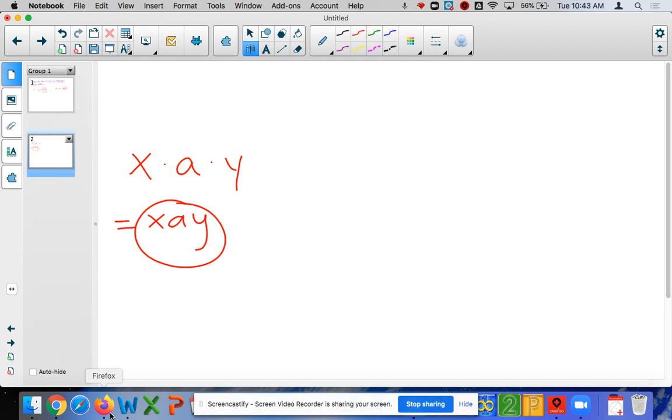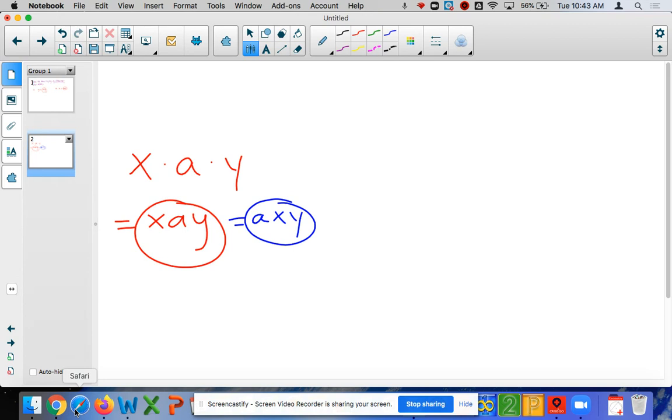So if I wanted to write this in alphabetical order, I'd obviously start with a, and then I'd go to x, and then to y. So normally we like to write these in alphabetical order, but we don't have to. In multiplication, we're just going to multiply everything together. It doesn't matter which order we put it in.